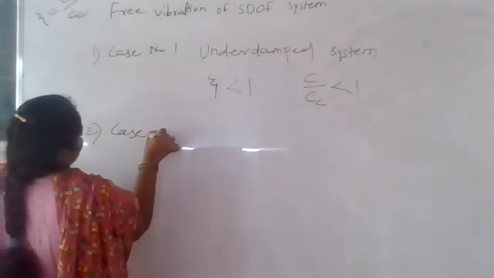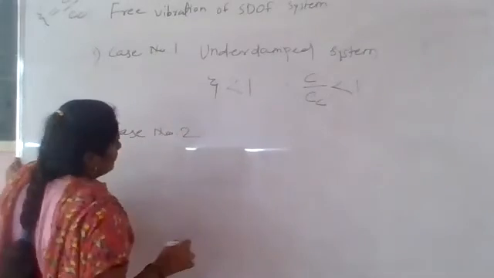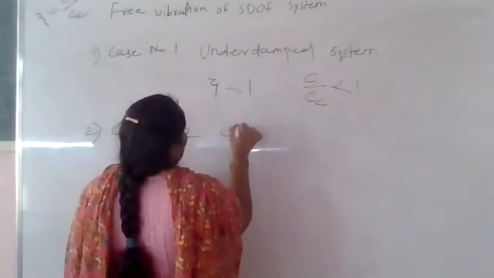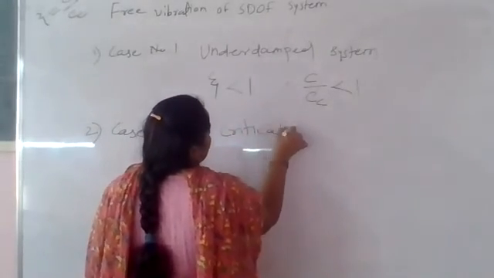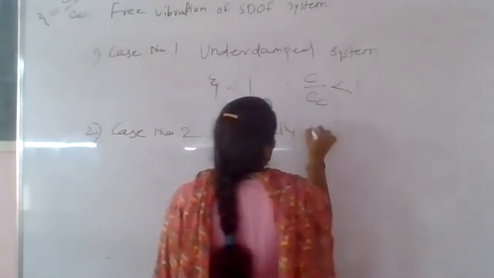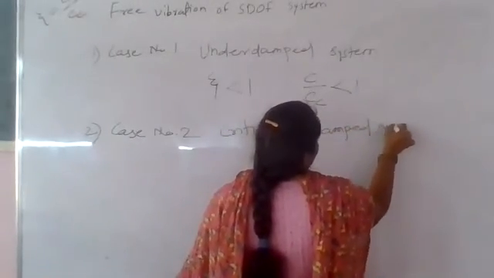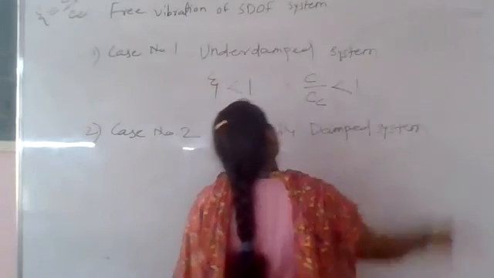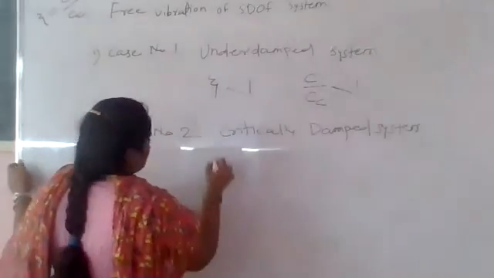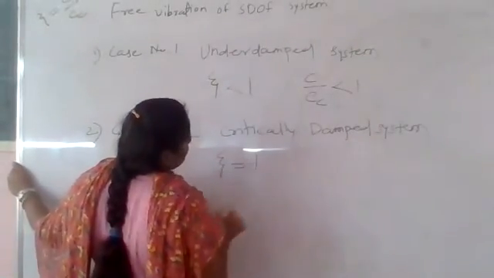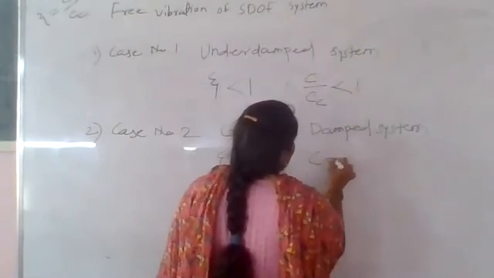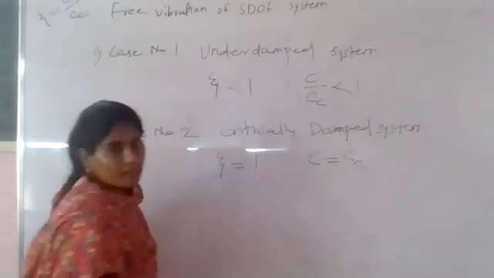Case number 2: critically damped system. Write down zeta is equal to 1, means C is equal to Cc.